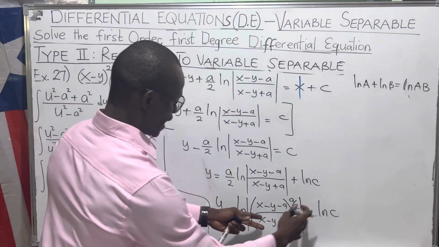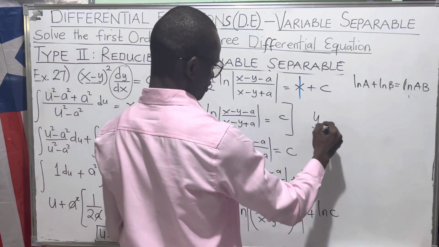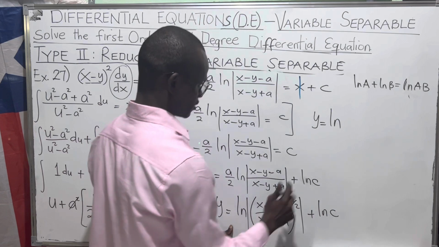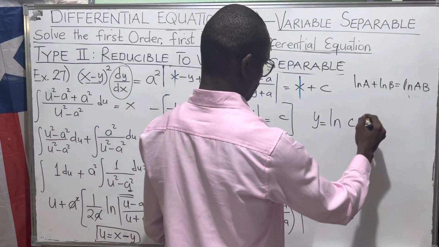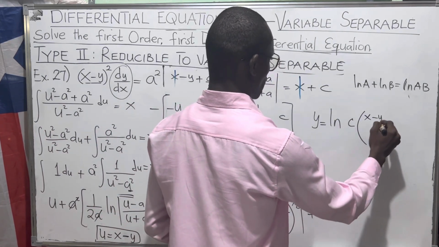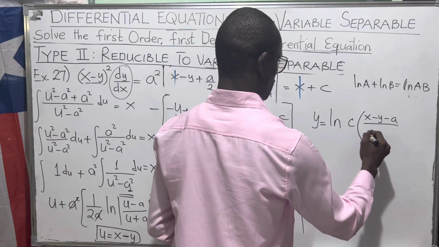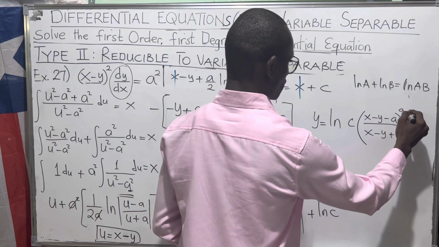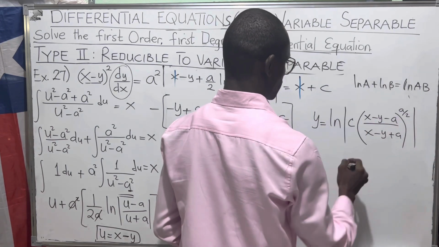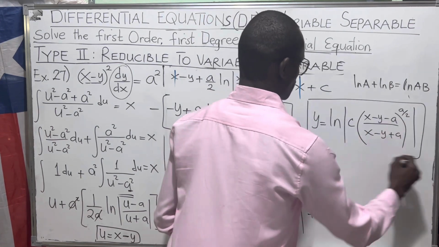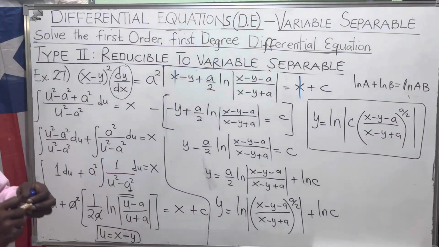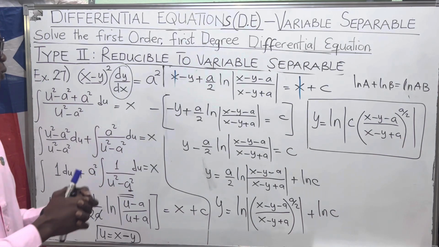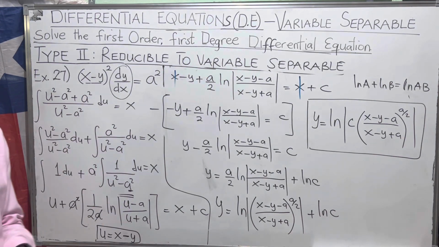So we can combine these two. So y would just be equal to the ln of c times x minus y minus a over x minus y plus a, all raised to the power a over 2. And then this is our general solution using the reducible to variable separable method.